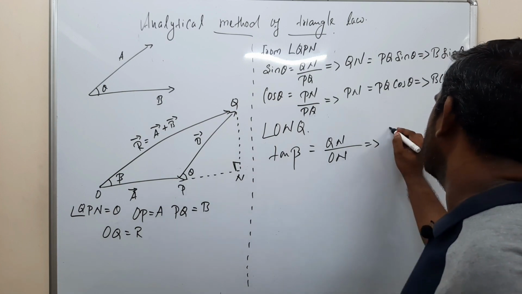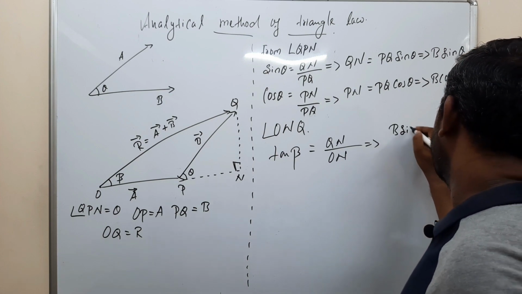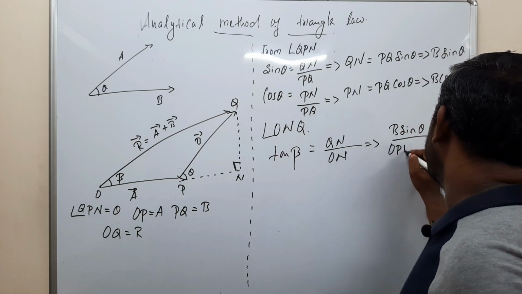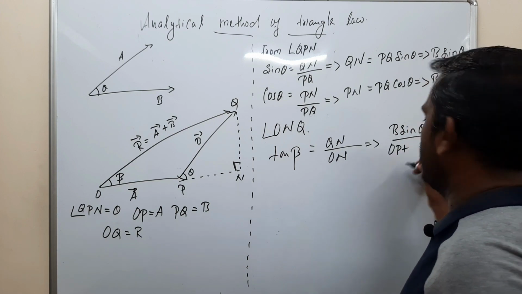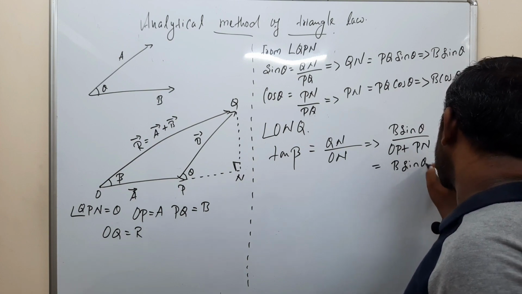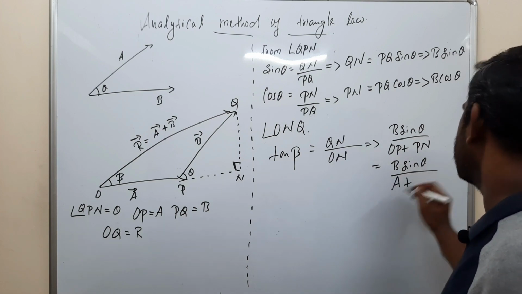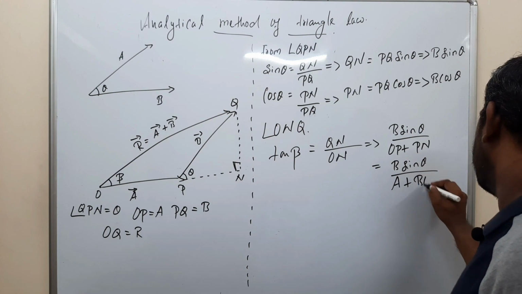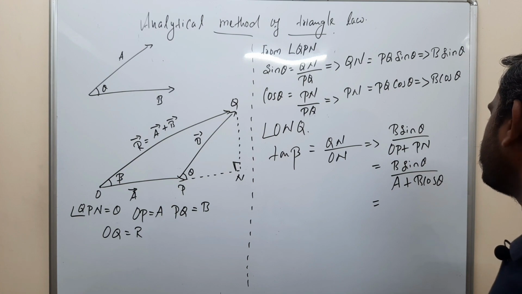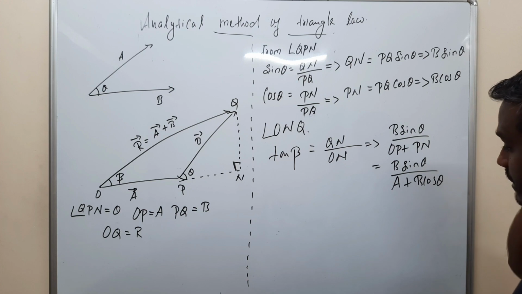What is QN? That is b sin theta. What is ON? That is OP plus PN, where OP is a and PN is b cos theta. So tan beta is b sin theta divided by a plus b cos theta.